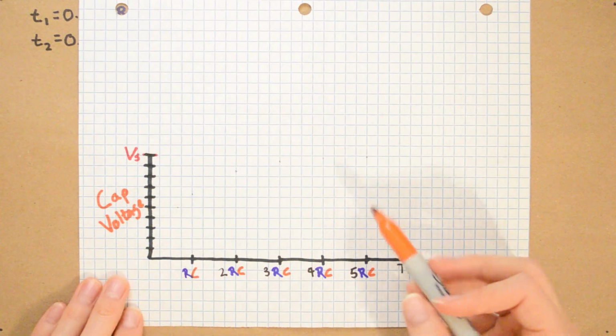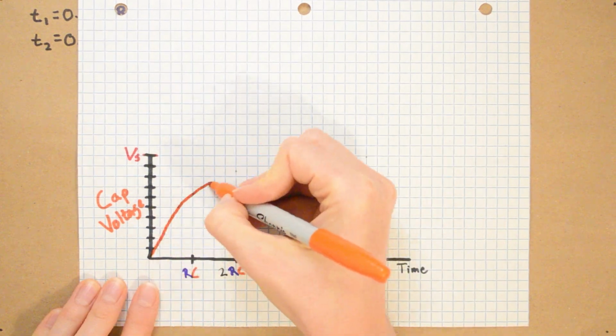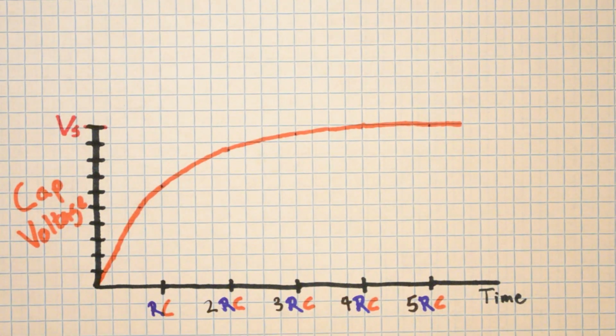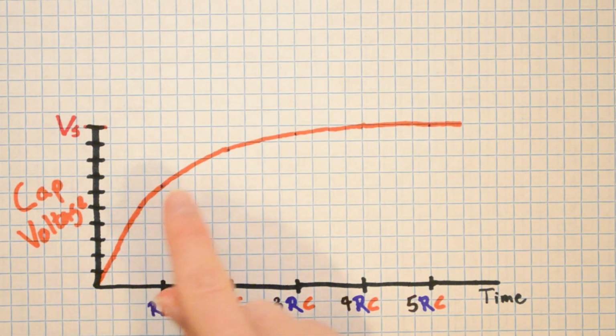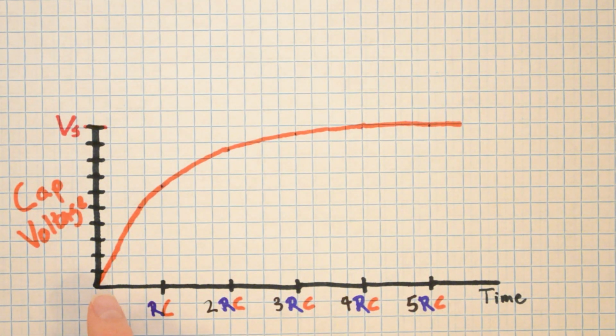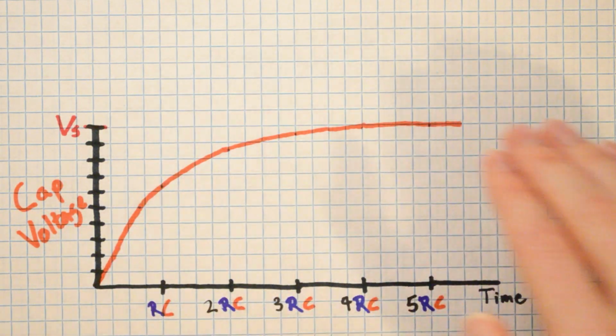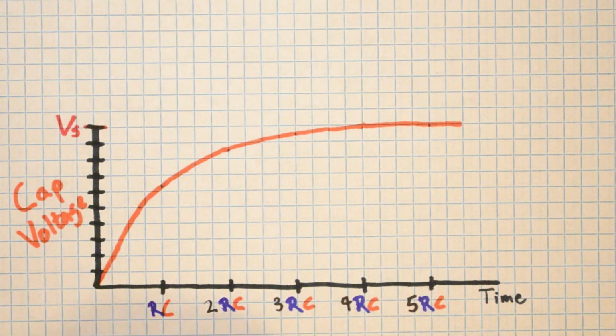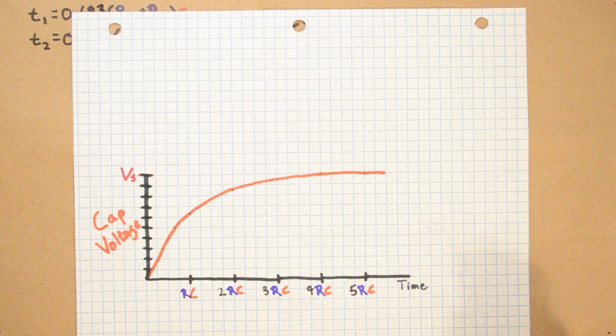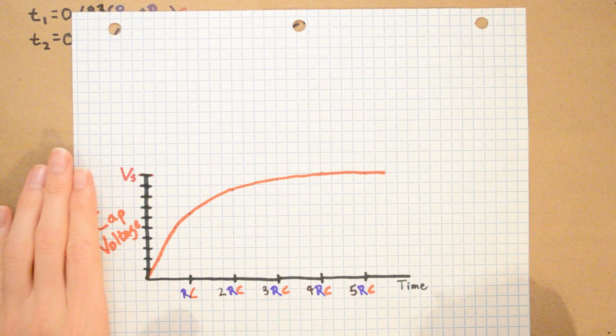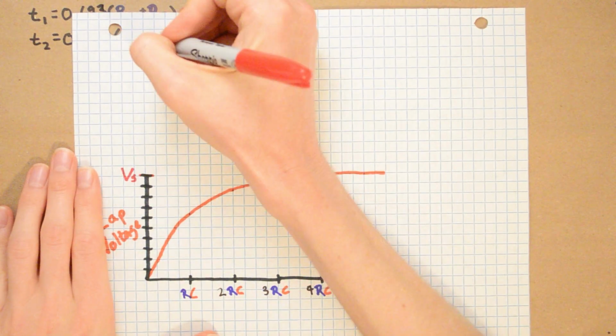It actually looks more like this. Unlike some linear line that goes straight up at a 45-degree angle, initially the capacitor charges very quickly, and then it slowly tapers off the speed at which it's charging the capacitor. This line is described by an equation, which is fairly nasty, but not too bad.